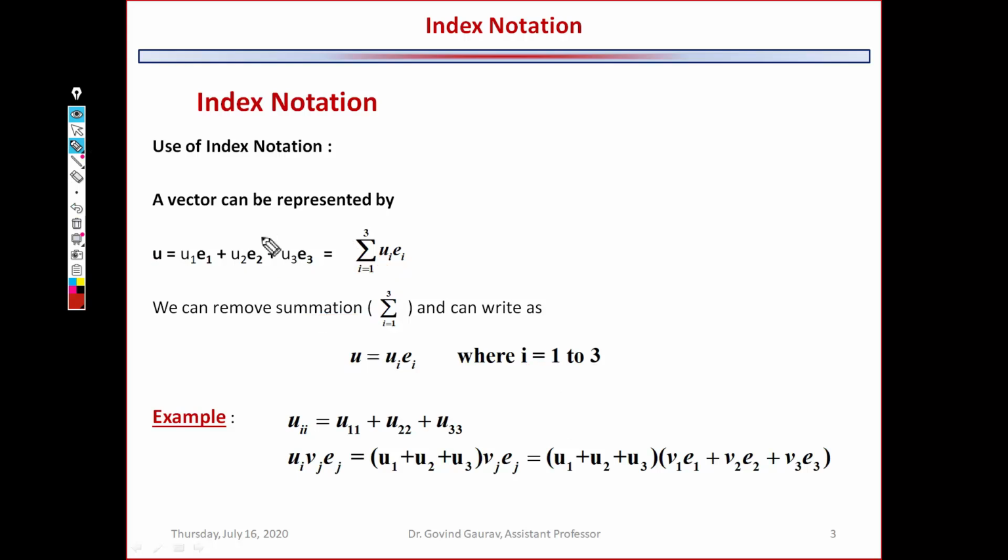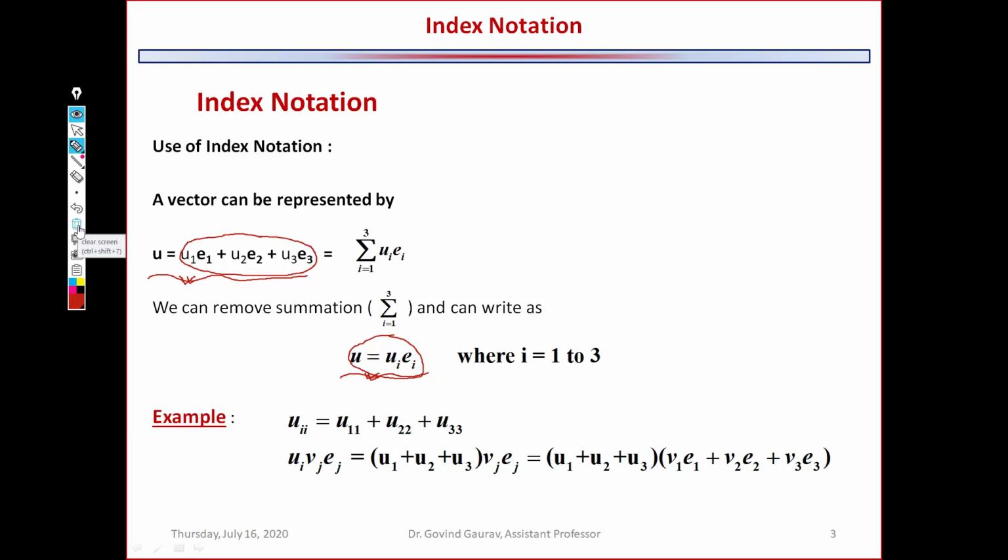So we have reduced writing this entire expression to the simple index notation, where these two equations are the same. This equation is in the general form, whereas this representation is in the form of index notation. We will take an example to illustrate this.